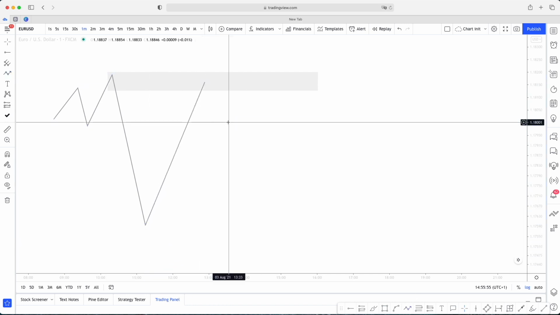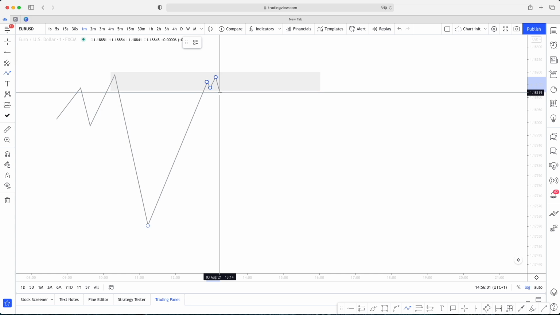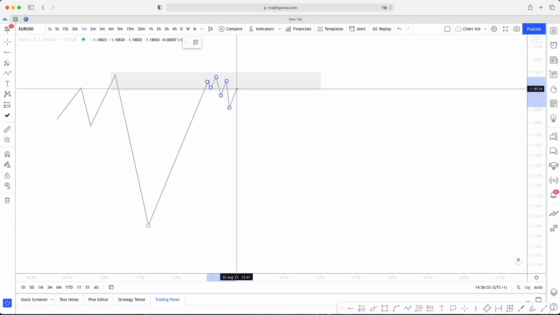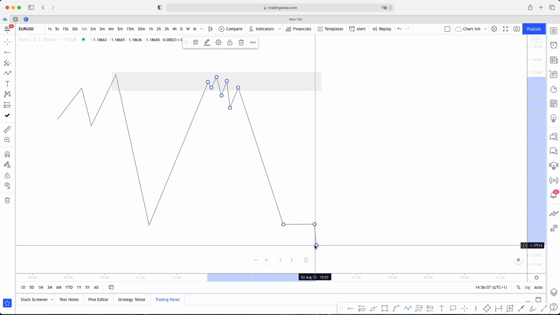When price comes to here, what we're expecting is a change of trend on the lower time frame to continue lower.